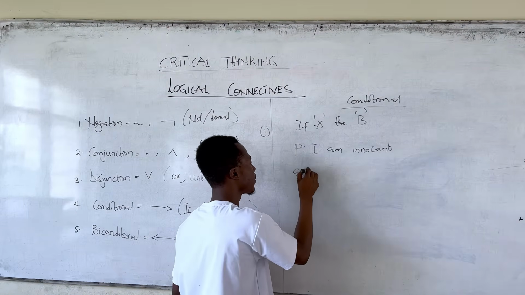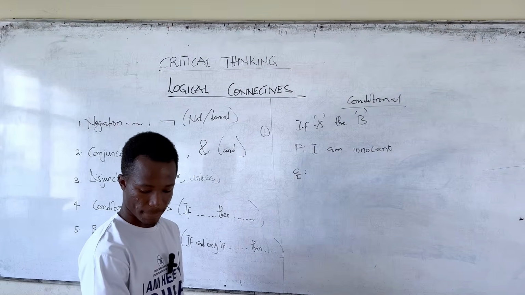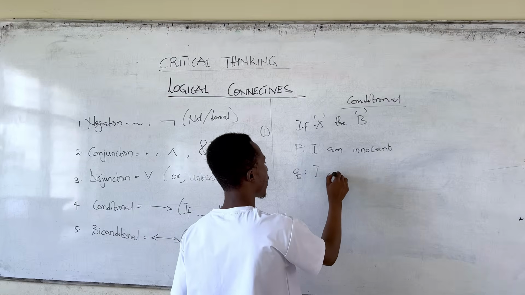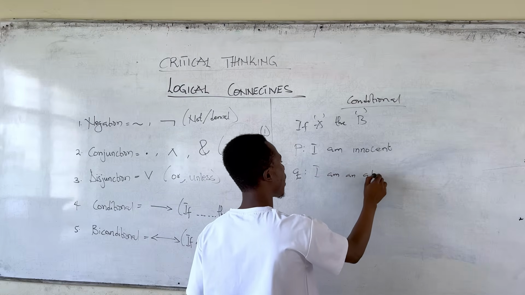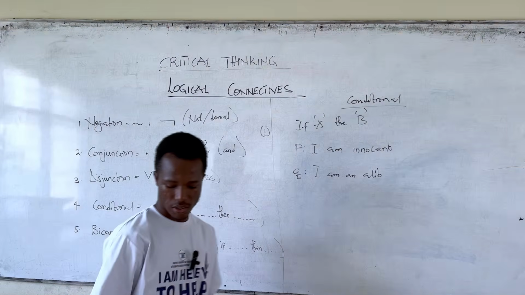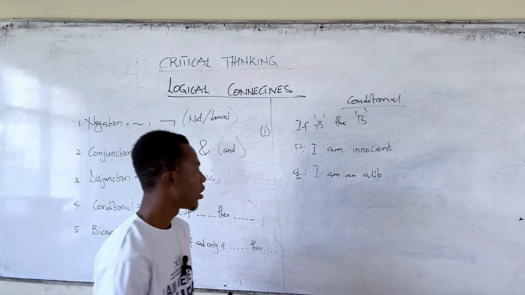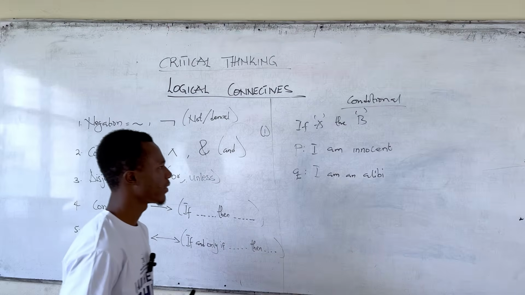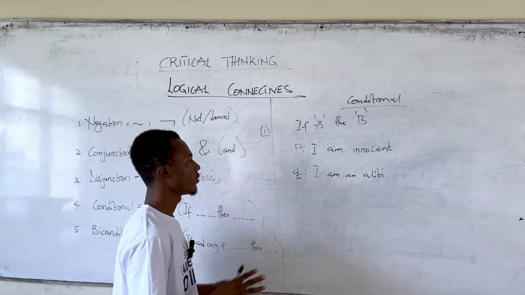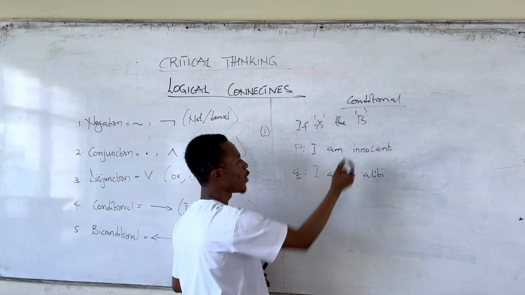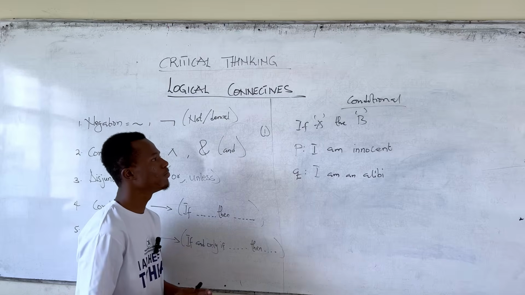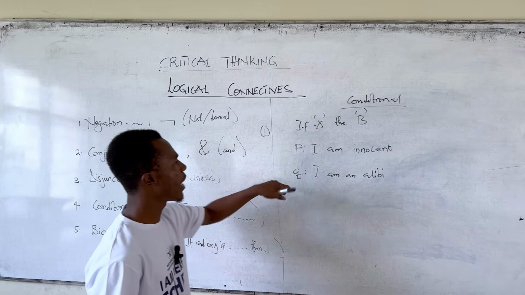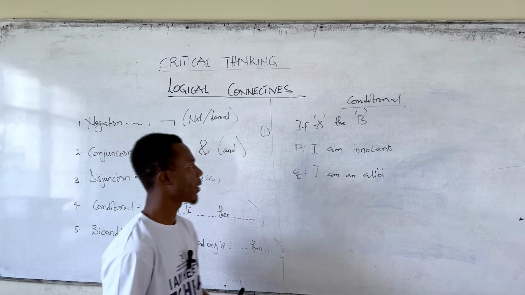And Q says I have an alibi. I don't know how to pronounce it. So I am innocent or I have an alibi, right?